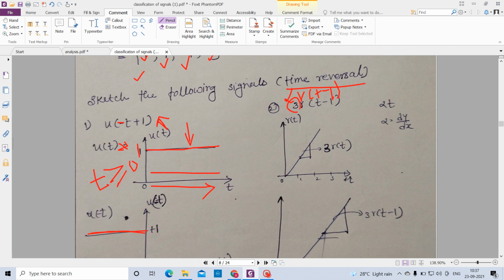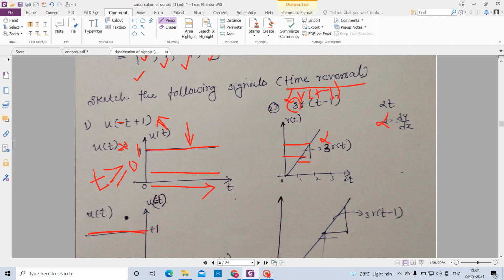First we have to graphically represent 3 into r of t. The 3 is the value of alpha. Alpha is equal to the ratio of the y axis divided by the x axis, so alpha is equal to dy divided by dx.